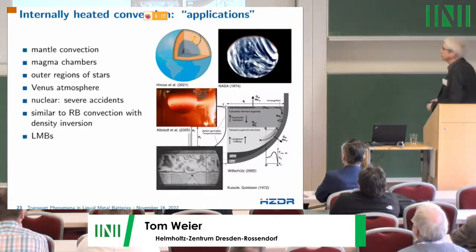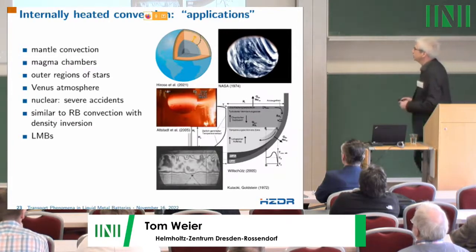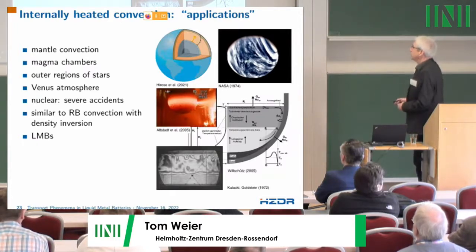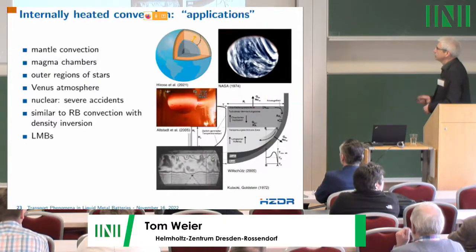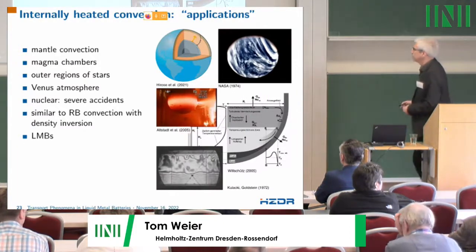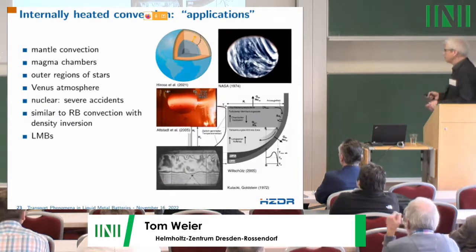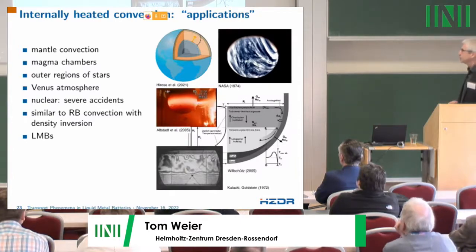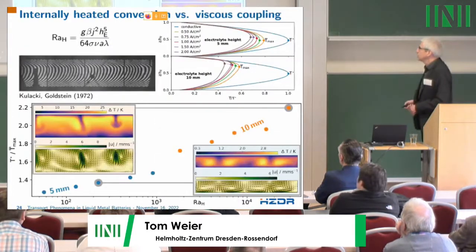This can happen. It's internally heated as well because of the decay. Similar flows arise from Rayleigh-Bénard convection with density inversion, like normal water around 4 degrees centigrade. And of course, there is the example we are talking about, liquid metal batteries.